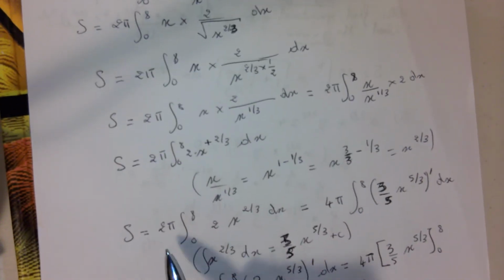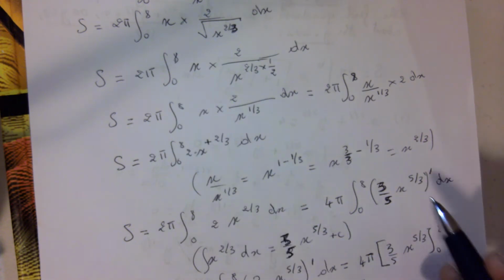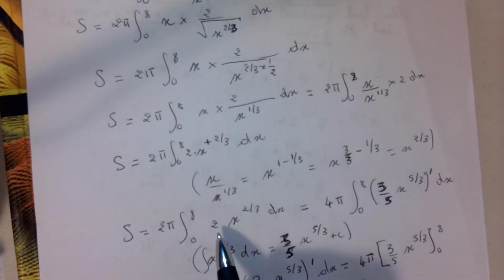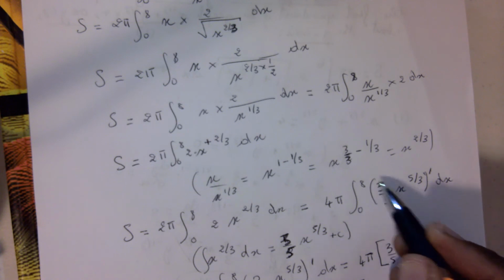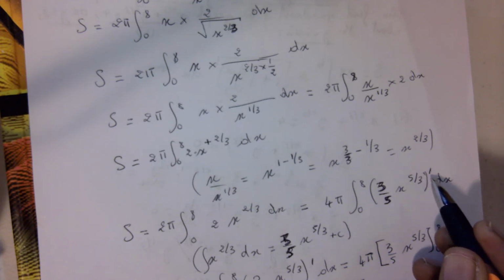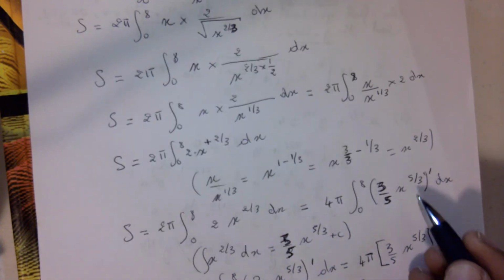So we will have that S is equal to 2 pi integral from 0 to 8 of 2 times x to the power 2/3 dx, which is the same thing as 4 pi integral from 0 to 8 of x to the power 2/3 dx. The primitive is 3/5 x to the power 5/3.